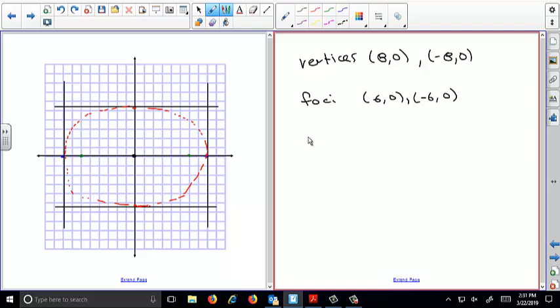What else do we want to know here? The center, we already did that. That's 0, 0. And the eccentricity, E is equal to C over A. So we get 6 over 8, which is 0.75. So this is a little bit more stretched out than the previous one, which is point something. I don't remember exactly what it was.